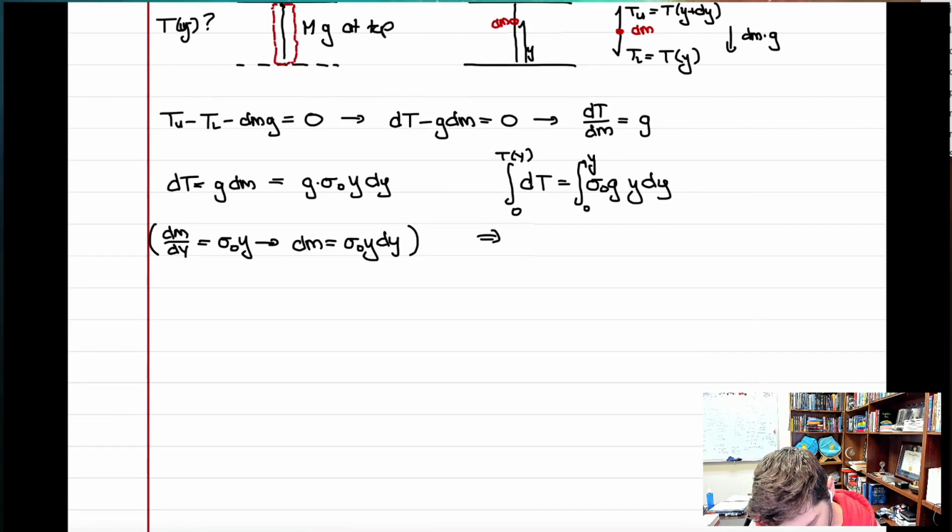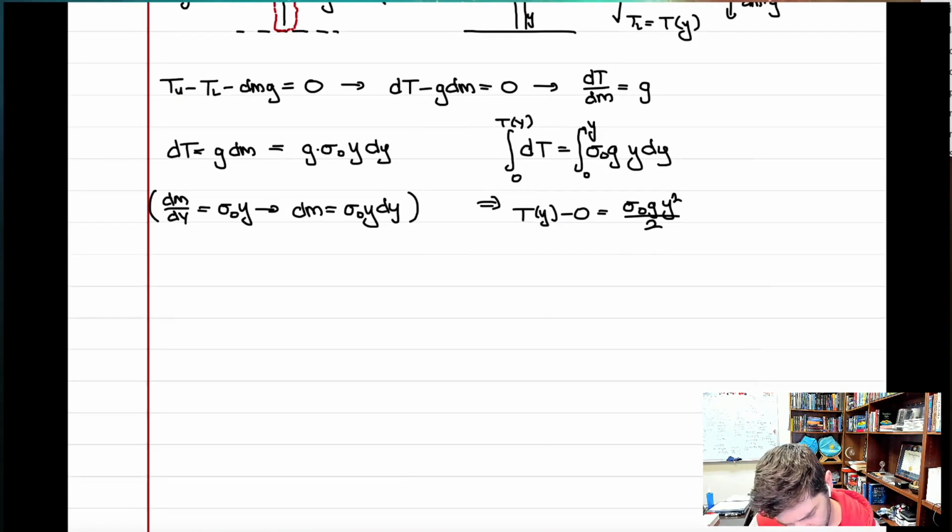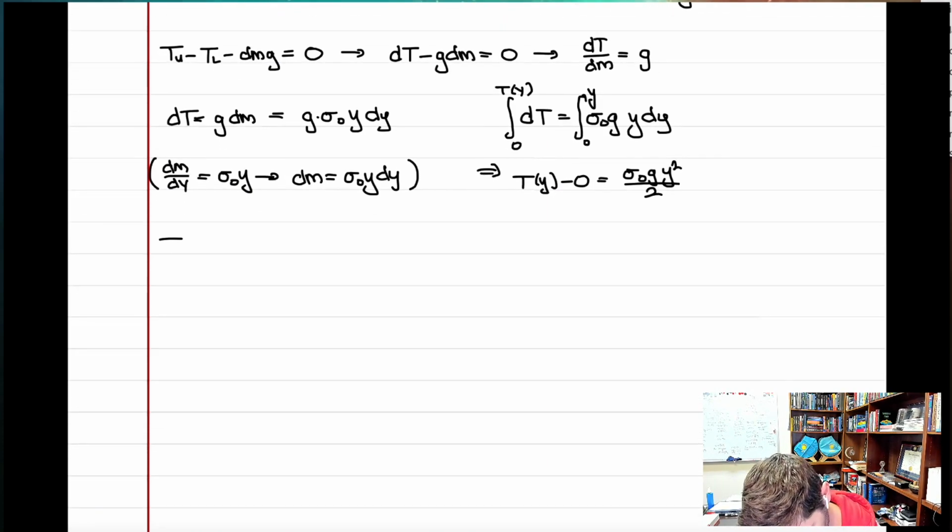All right, if I integrate, this gets T as a function of y minus 0, and this is equal to sigma g y squared over 2. Or the tension as a function of y is sigma g y squared over 2.